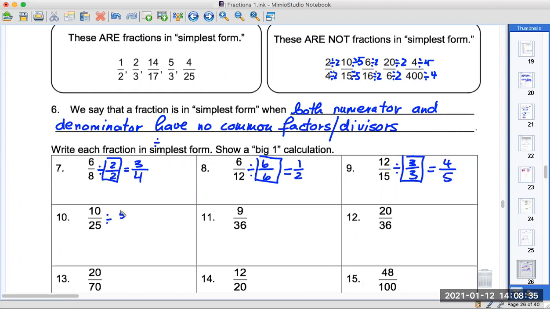And this one will be 5 over 5. 10 divided by 5 is 2. 25 divided by 5 is 5.